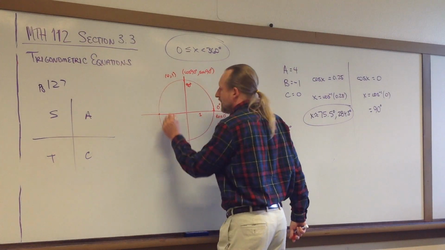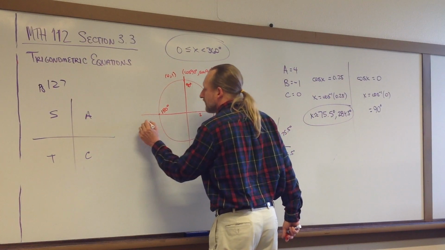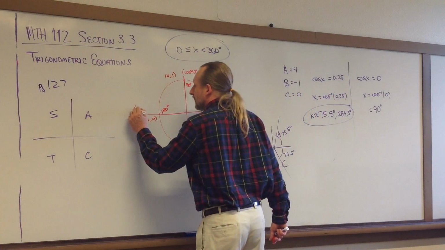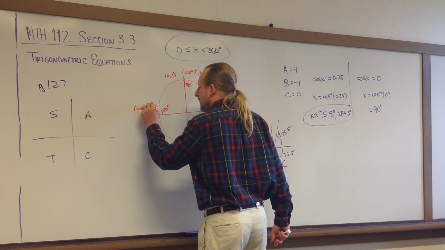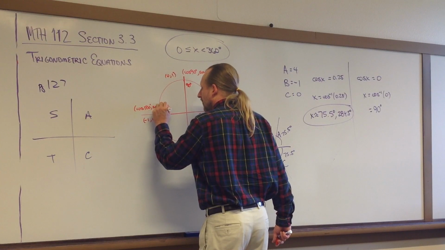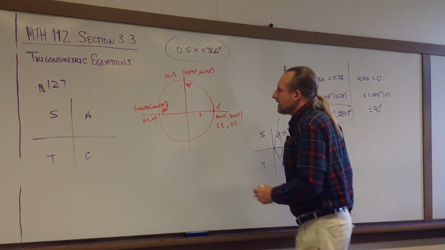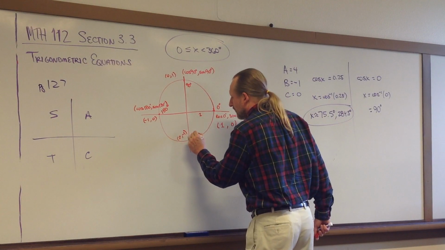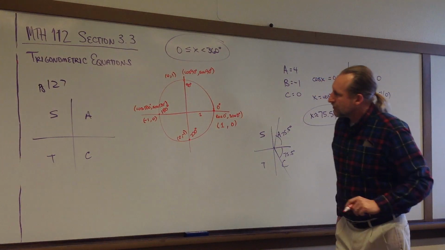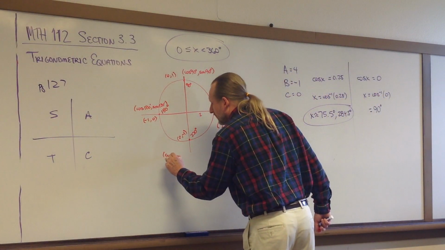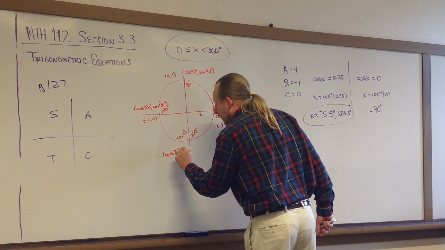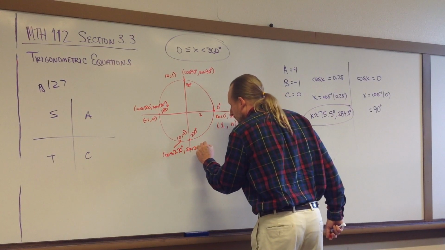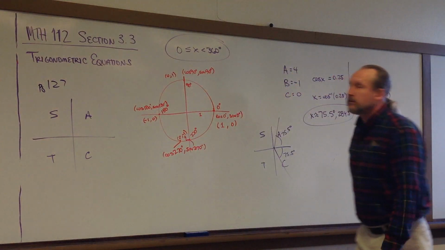Okay, back over here, this is 180 degrees. The coordinates are negative 1, 0, and so this is the cosine of 180 and the sine of 180. So what the calculator is not telling us is this point down here is the point 0, negative 1, and that's at 270 degrees, and so the cosine of 270 is 0, and the sine of 270 is negative 1.